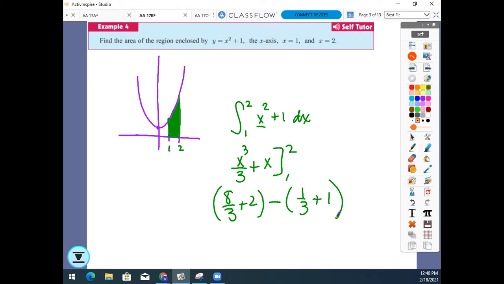Sometimes, just because it makes fractions a little bit easier, I'm going to distribute this negative. Then I can do 8/3 plus -1/3 is 7/3. 2 plus -1 is 1. 1 is 3/3 plus 7/3, which is 10/3.